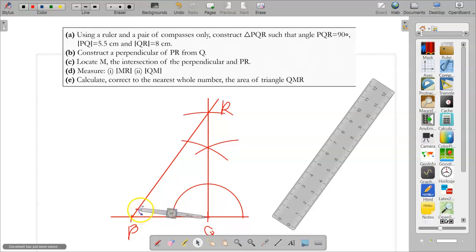Okay, so now I can draw my arc here, and then do the same thing here as well.